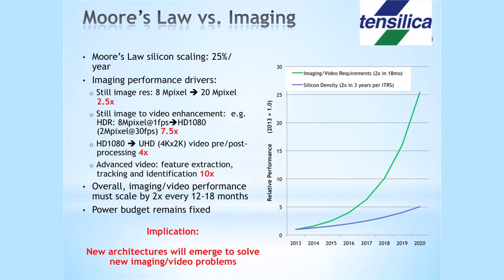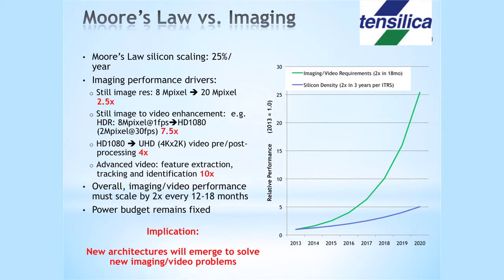It's the migration from HD 1080 up to 4K by 2K. And it is the explosion of new video processing algorithms, be them feature extraction, tracking, identification, augmented reality, all kinds of things, which mean that the sophistication of the algorithms is growing dramatically in terms of the number of ops per pixel, let alone the pixels per second that are driving it.